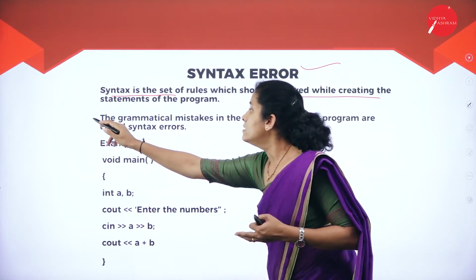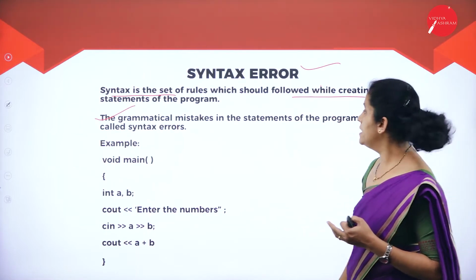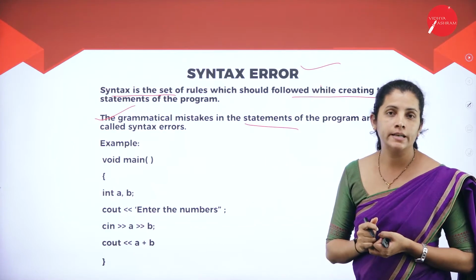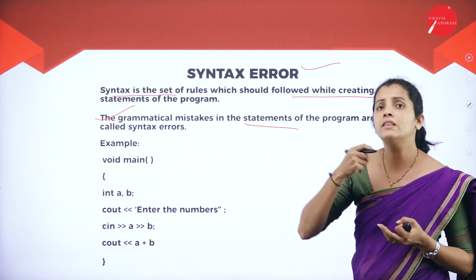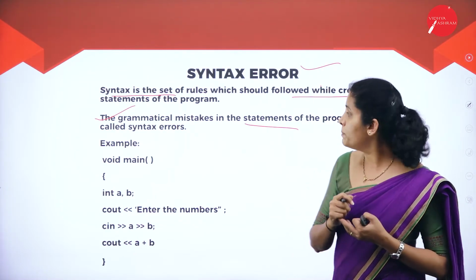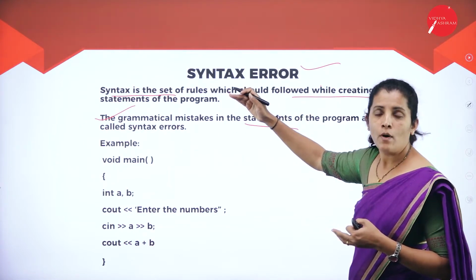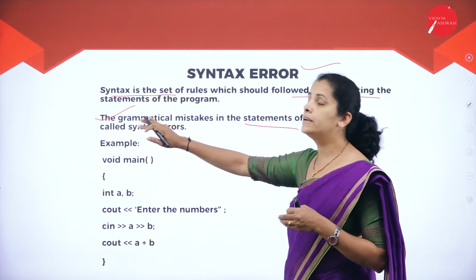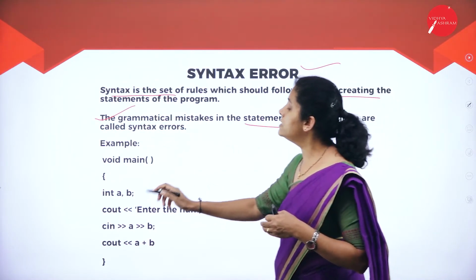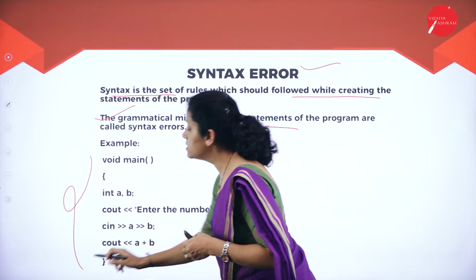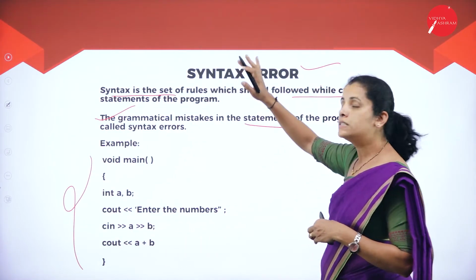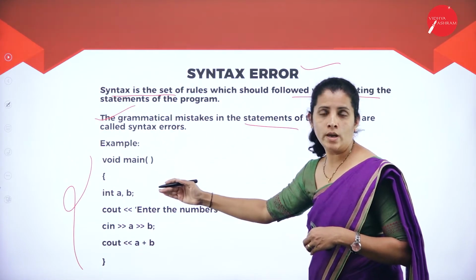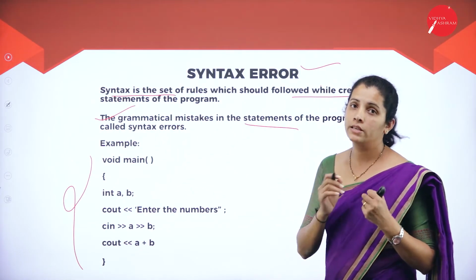Then the grammatical mistakes in the statements of the program are called syntax errors. Whatever grammatical mistake I make in my program or in my statement is itself called a syntax error. Now consider this example. This is the example for syntax error. While writing this code, I want to follow certain rules.